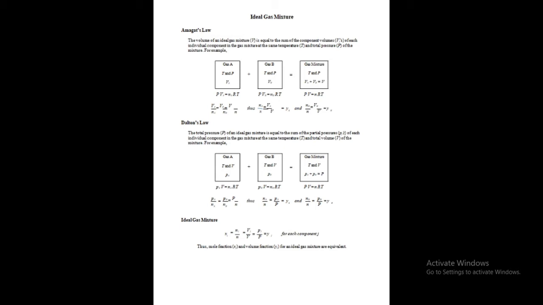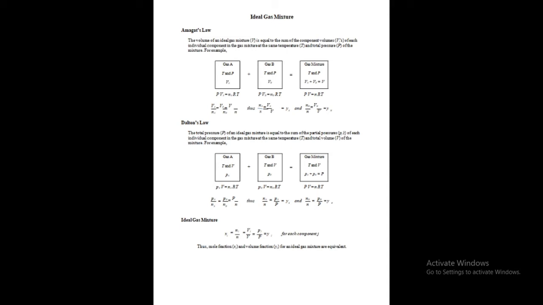In this case, volume and temperature are constant, pressure and number of moles are variable. Capital R you are already familiar with, that is the gas constant value. These three are neglected because volume, temperature, and R are constant values. So we consider only the variables, pressure and number of moles.